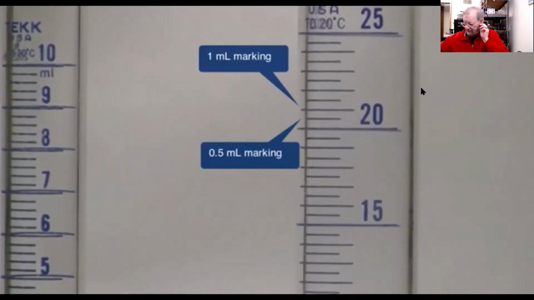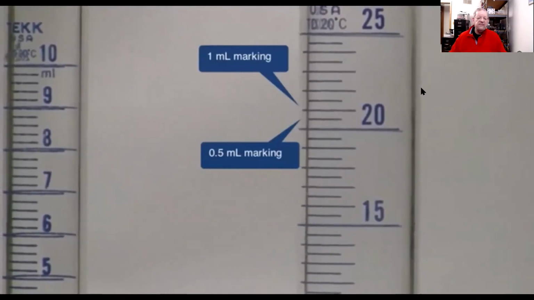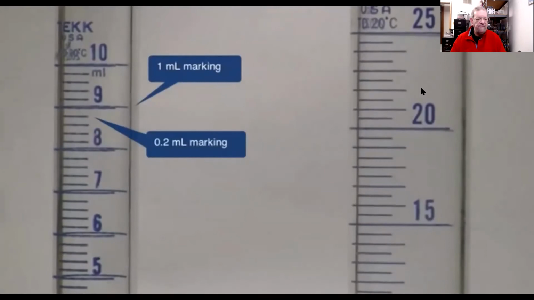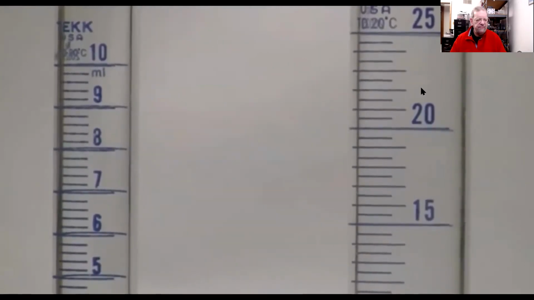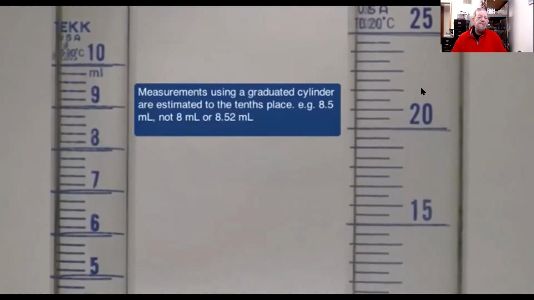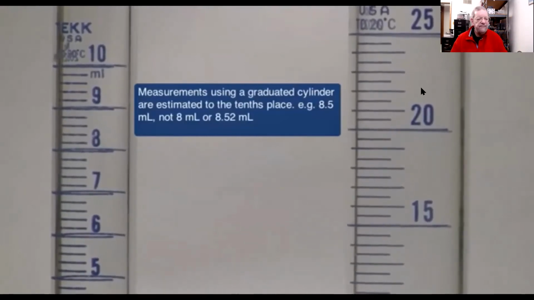And if we look on the left, we have a different hash system. The larger lines are 1 milliliter markings, but the smaller ones are now 0.2 milliliter markings. When you take measurements, you want to take it to the tenths place. So for example, 8.5 milliliters would be a good reading rather than just 8 milliliters or 8.52 milliliters.